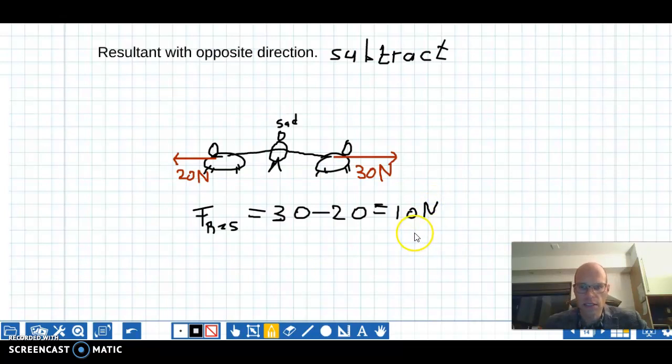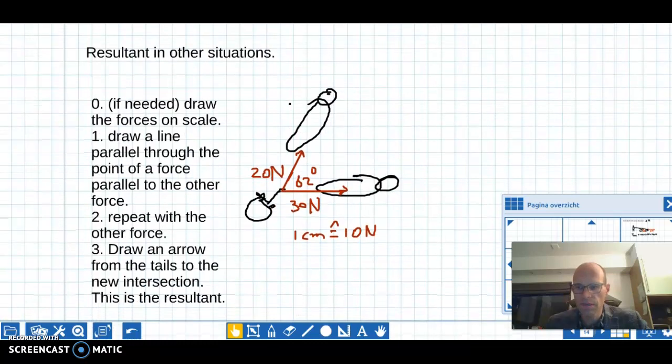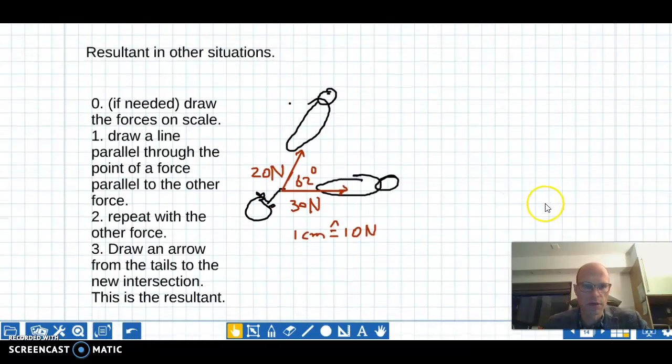Okay, that was easy, and now the difficult part. What if it's any other direction? Then you need a parallelogram, the parallelogram method. So we're going to use a parallelogram.